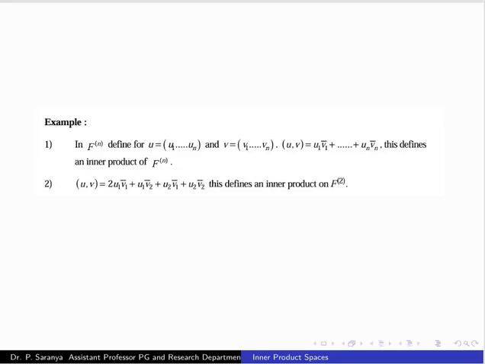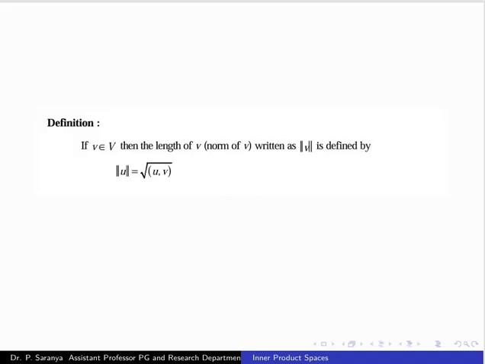This defines an inner product on F^n. Second one, the inner product of (u, v) equals 2 u1 conjugate of v1 plus u1 conjugate of v2 plus u2 conjugate of v1 plus u2 conjugate of v2. This defines an inner product on F^2.